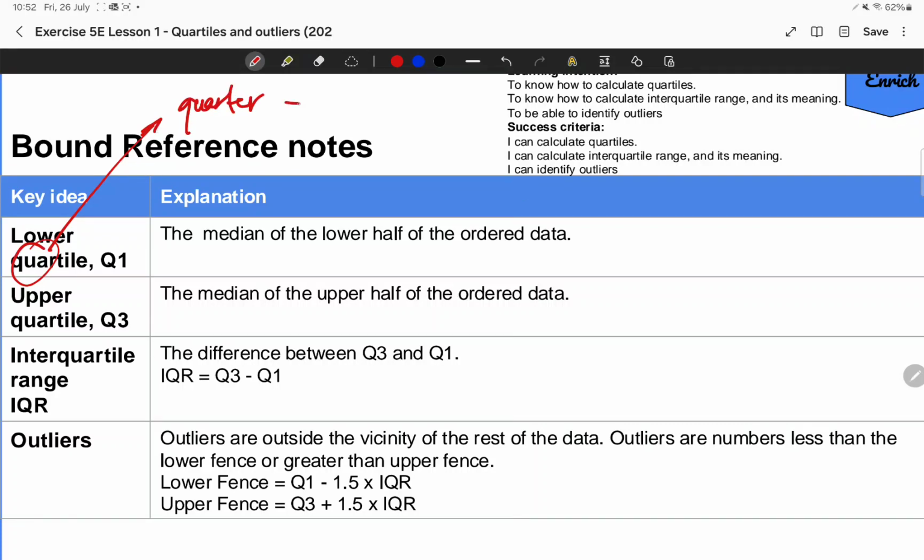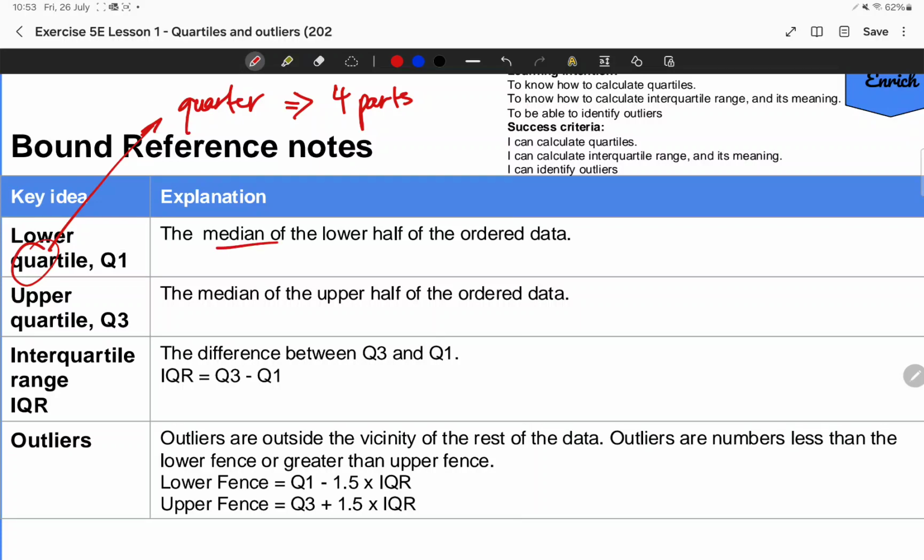With quarter, we know that we're going to split it up into 4 different parts. So we have the set of data, and then we are going to be splitting them up into 4 different parts, okay? When we have the lower quartile, it means it's going to be in the first part of the data set of the 4 parts.